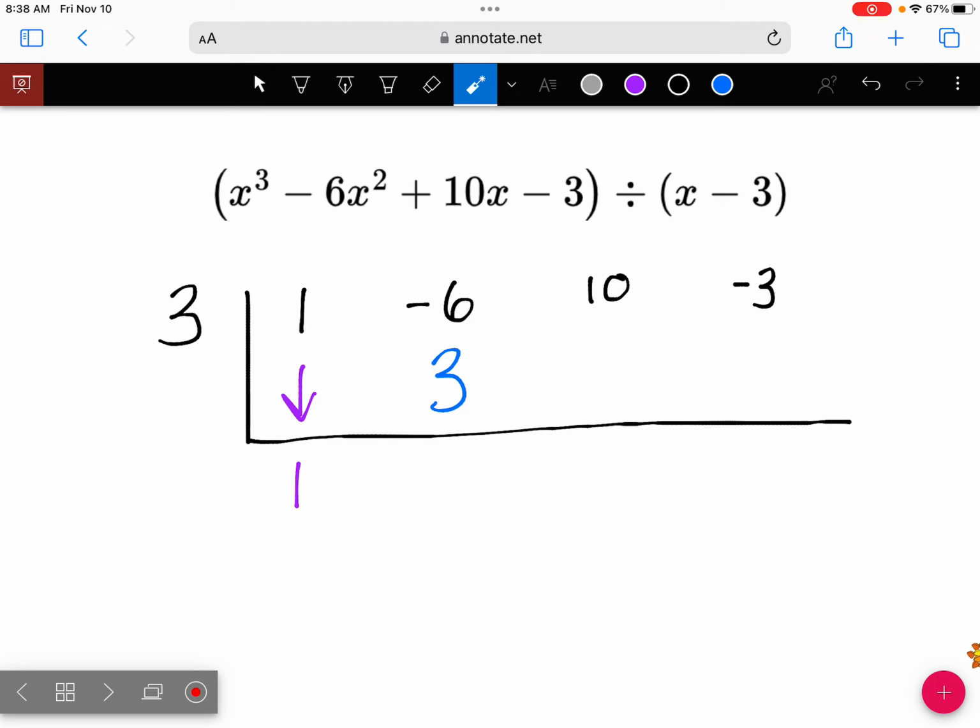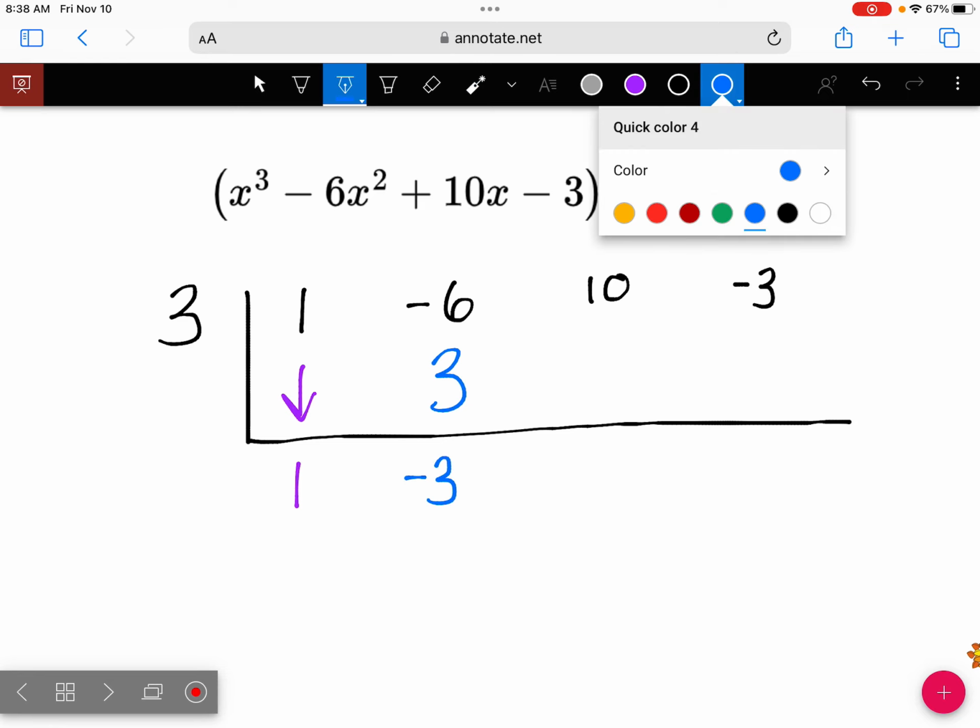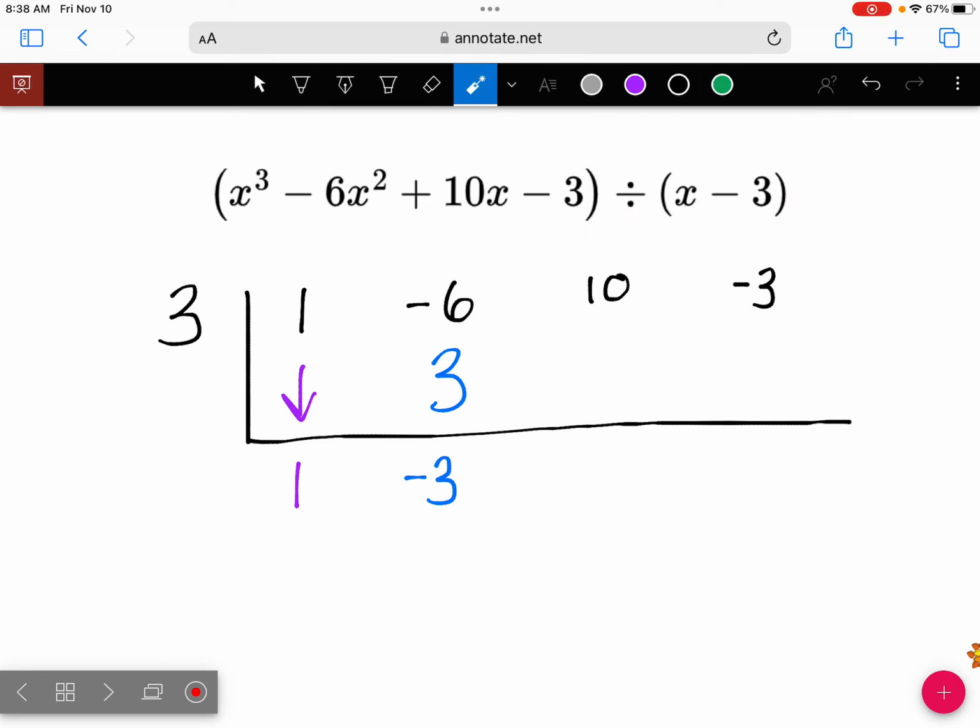All right, what's going to go down here? Negative 3. Negative 6 plus 3 gives us negative 3. What's going to go here? Negative 9. Negative 3 times our 3 to the side, which I said 3 too many times, so I started to write it.